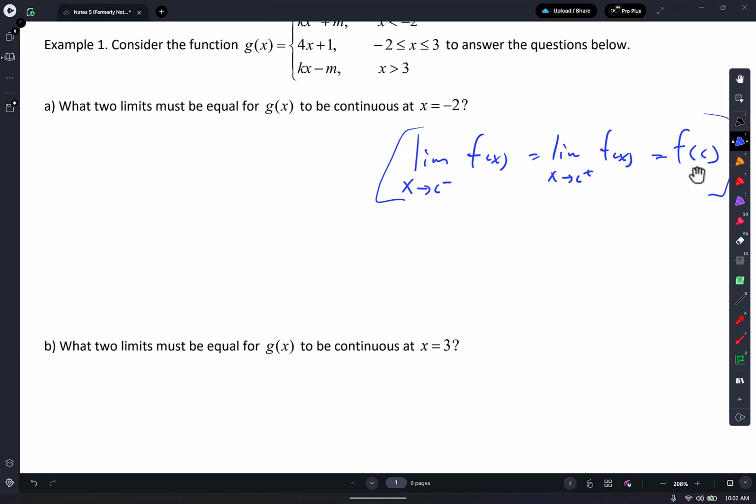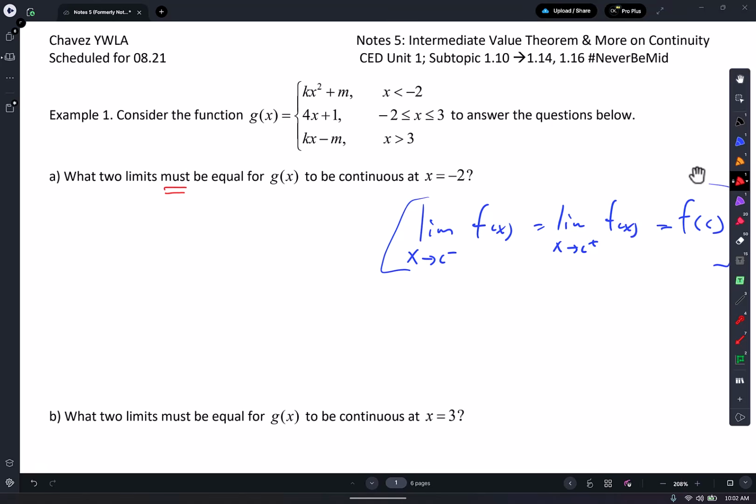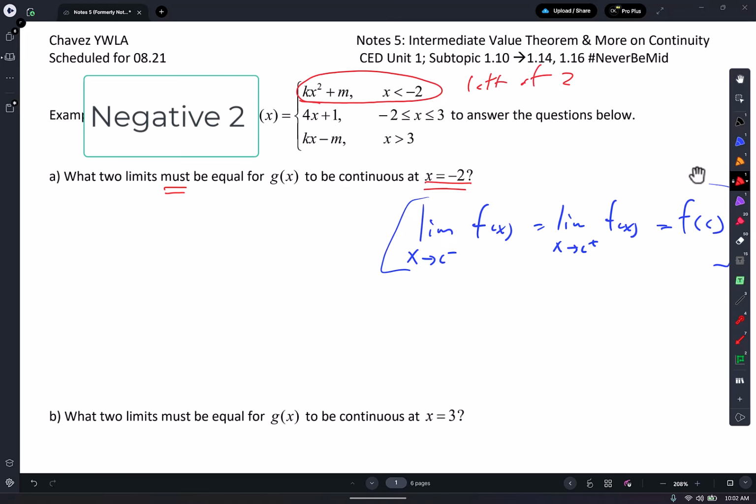All right, so now let's talk. And I know these are my notes. These are the notes that I typed out myself. What two limits must be equal for g of x to be continuous? Well, for g at 2. For g of x to be continuous at 2, the limit from the left, which I hope you guys know, this is the one from left of 2, must equal the limit from the right.